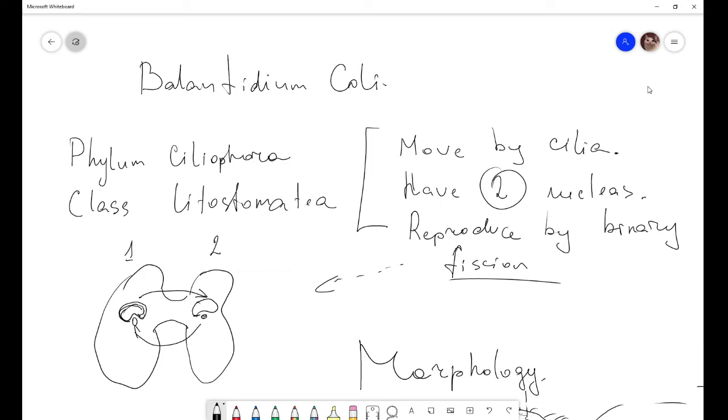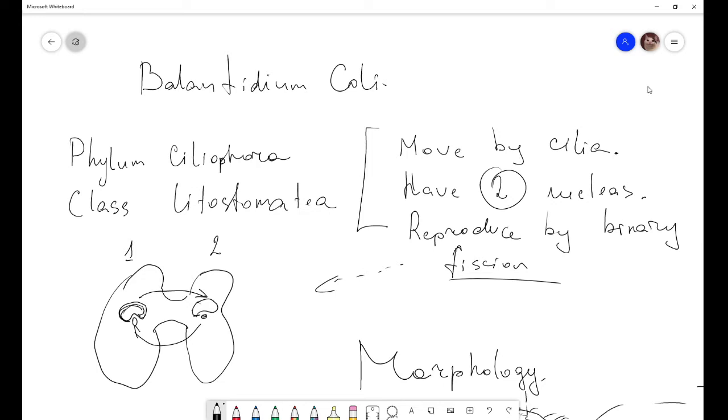The reservoir hosts are pigs, and humans can have this disease, balantidiasis.